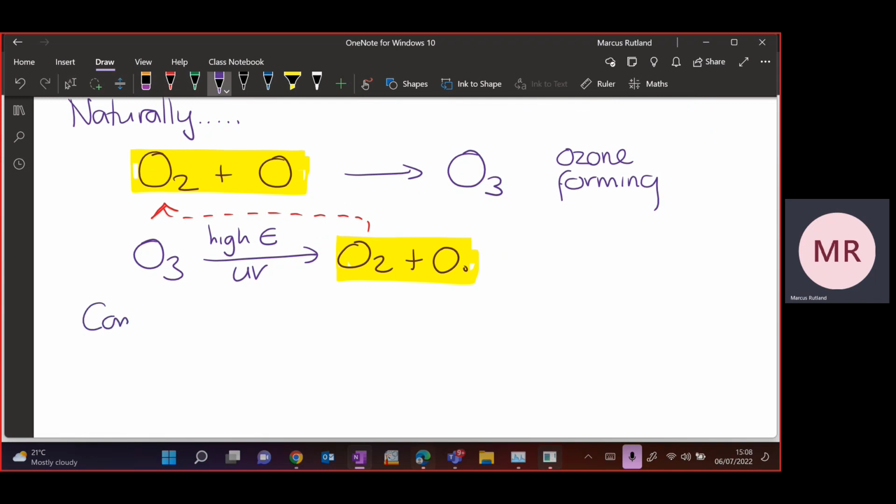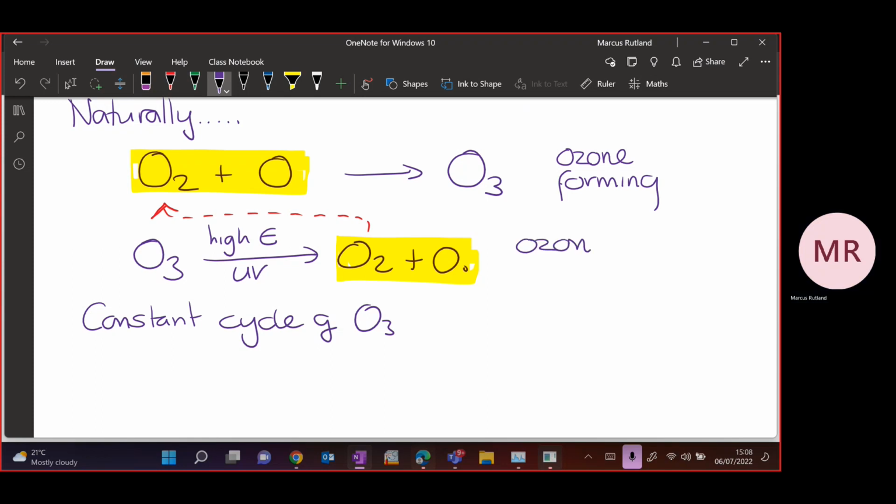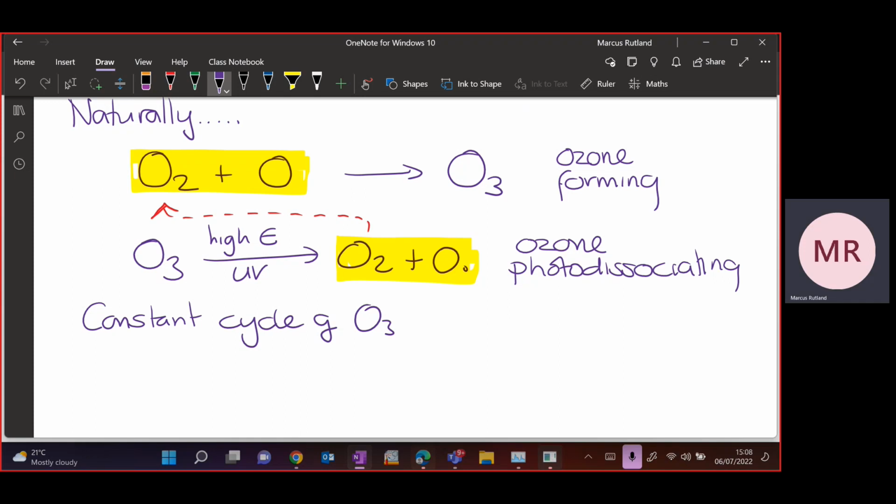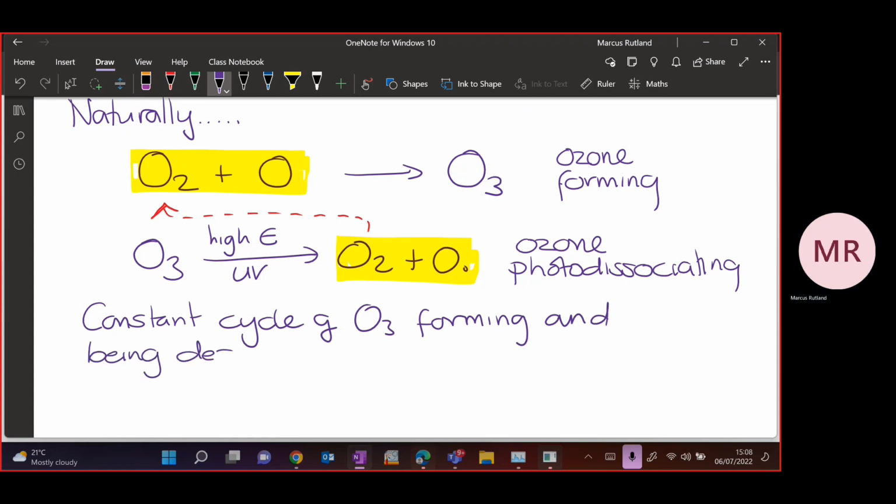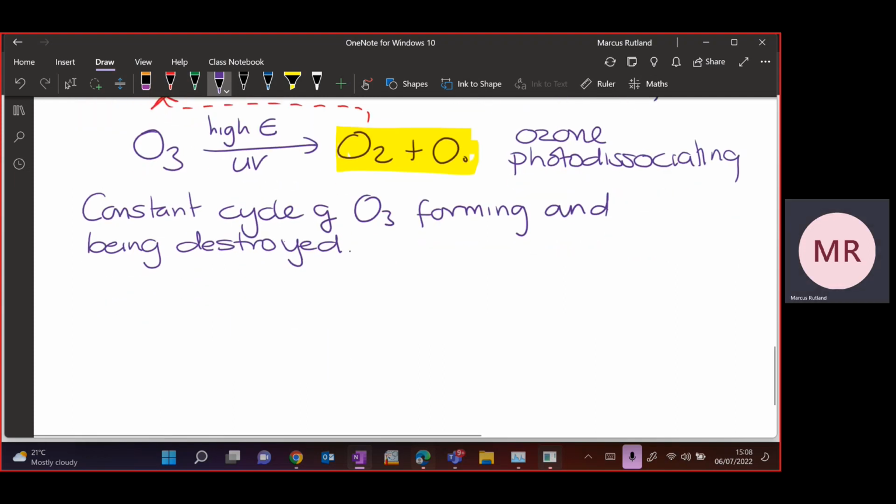So there's a constant cycle of O3 forming, so this is ozone photodissociating. A constant cycle of O3 forming and being destroyed. And this is in balance.